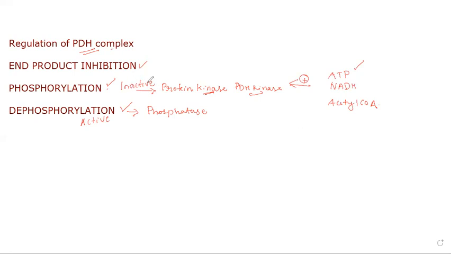That makes the PDH inactive. Then NADH and acetyl CoA also do the same thing. They cause the stimulation of protein kinase enzyme, which causes the inactivation.